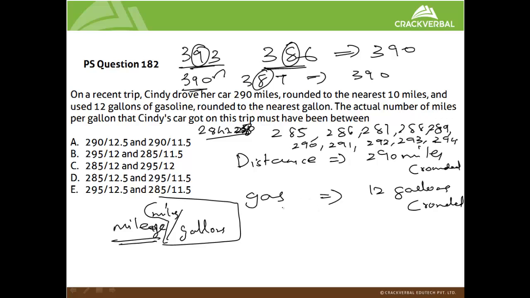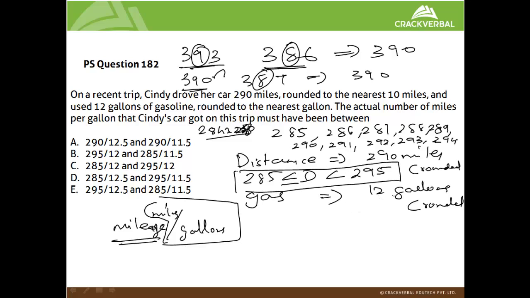So the distance has to lie between 285, which is inclusive, and 295, which is not inclusive. They haven't mentioned whether miles has to be an integer, so it could be 285.5555 also. So this is what the distance is.